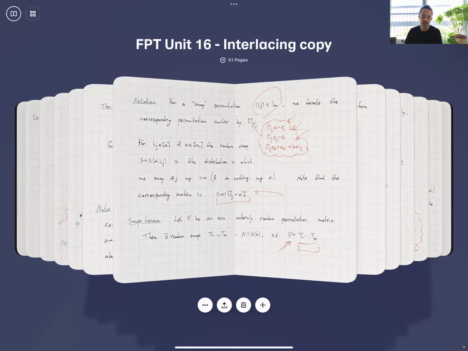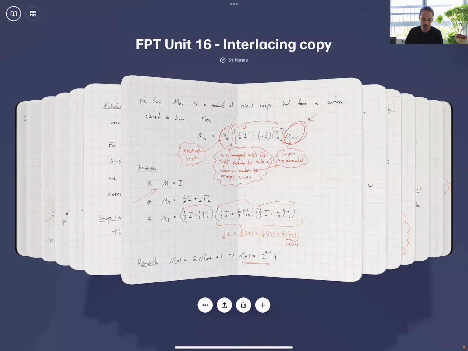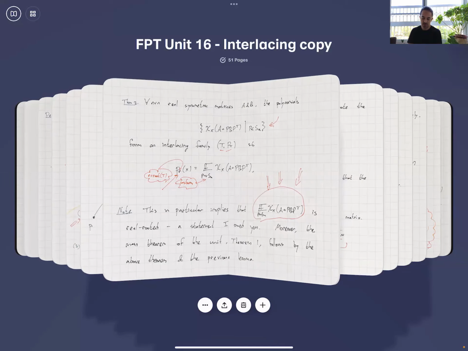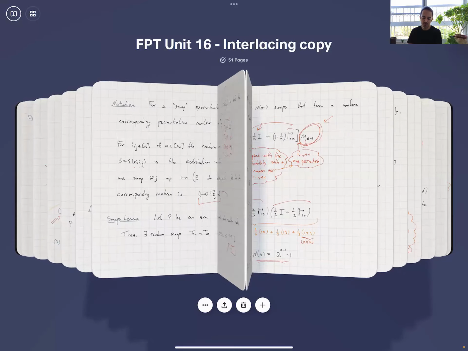Okay, so with these swaps, let's prove theorem 2. Recall theorem 2 requires us to construct an interlacing family for the set of polynomials that we care about, where the root is the expected characteristic polynomial according to the uniform distribution, which in the last video of the course, the next one, we are going to bound its max root, or second largest max root.